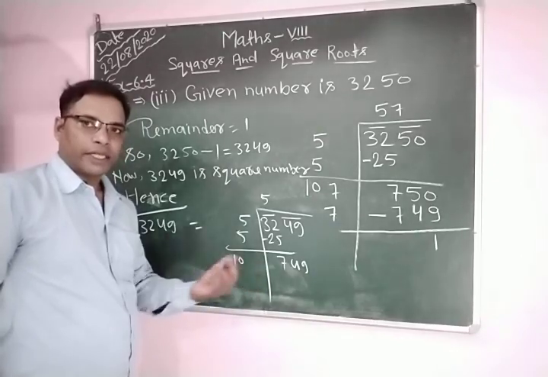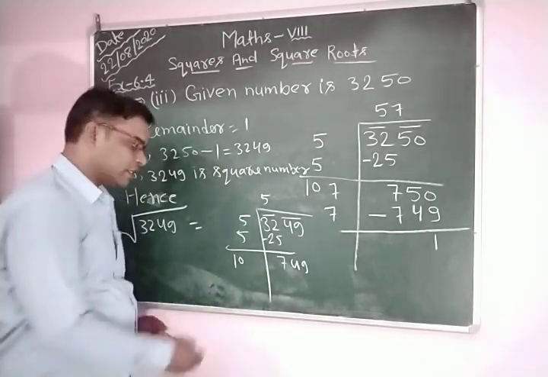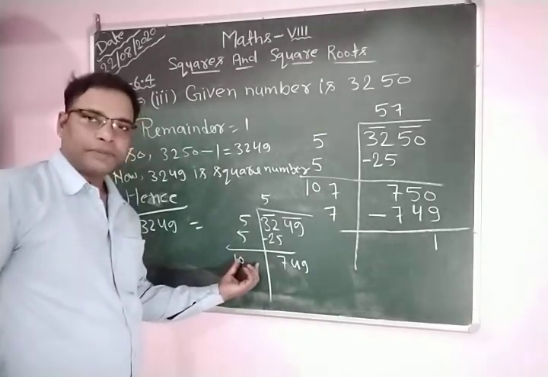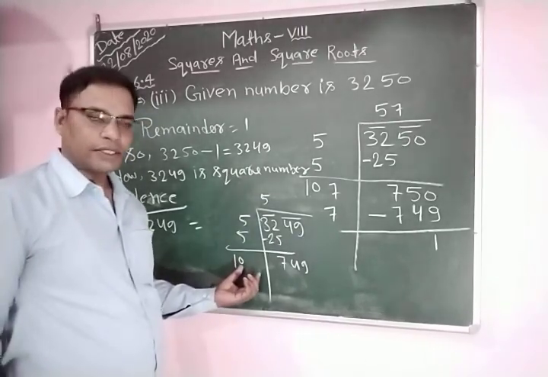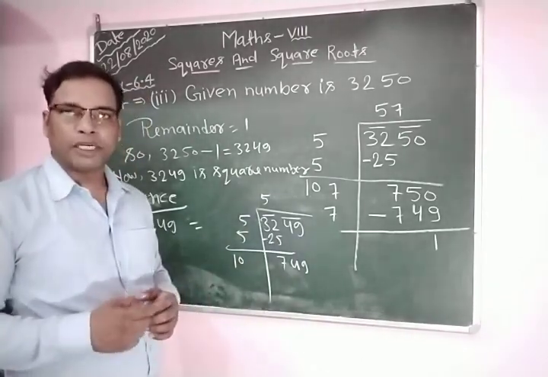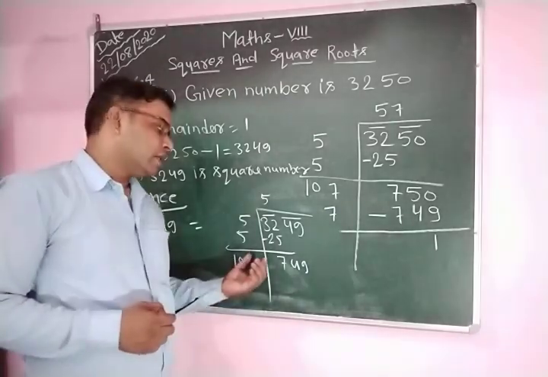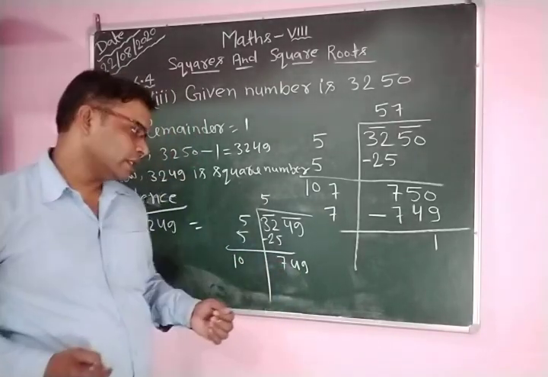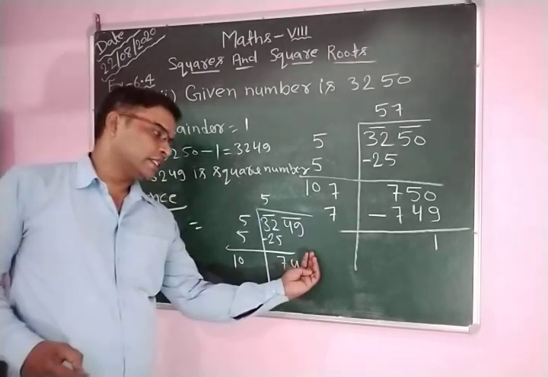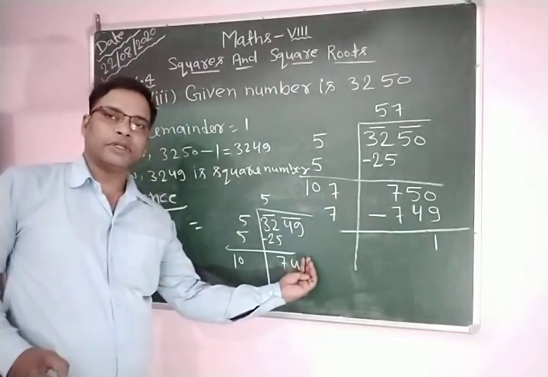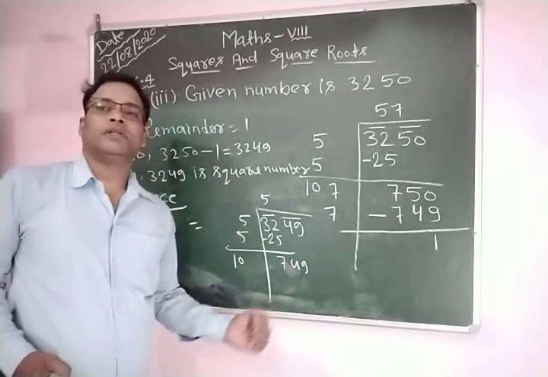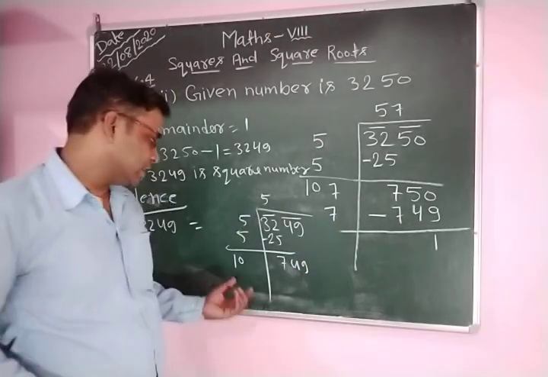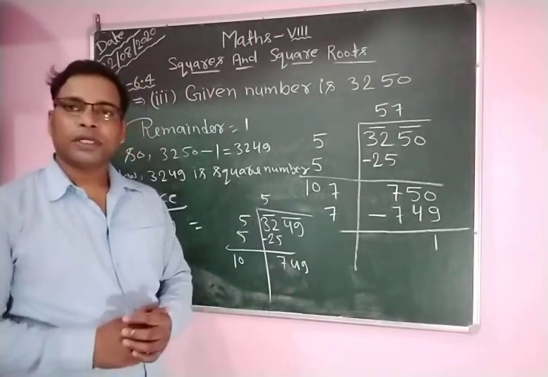We select a number so that when we multiply it by the new divisor, we obtain less than or equal to 749. For this you can hide the unit digit 9, so you obtain 74. If you divide 74 by this 10, then your quotient is 7.